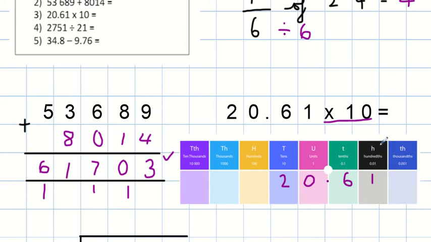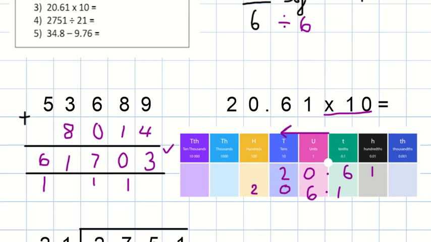Now if you are using a place value chart, then because you are increasing or making this bigger by 10 times, you'll need to move each digit to the left. I've got my left, so to the left 1 place to give an answer of 206.1.